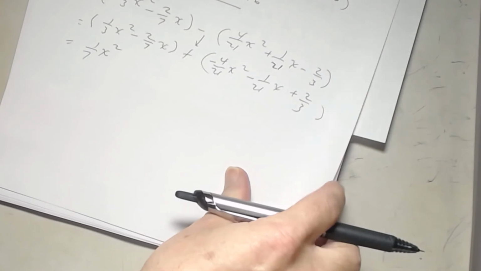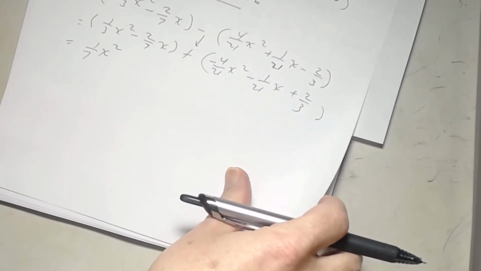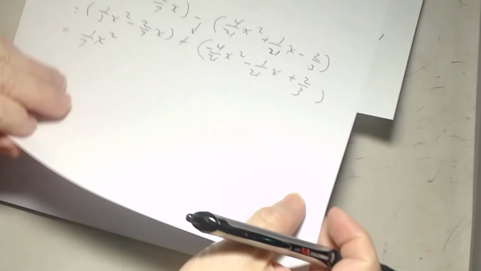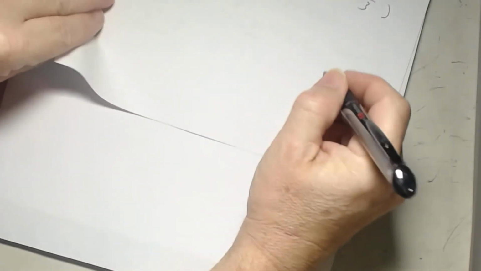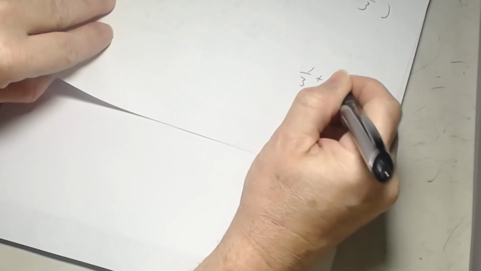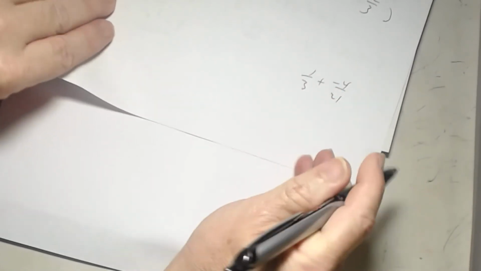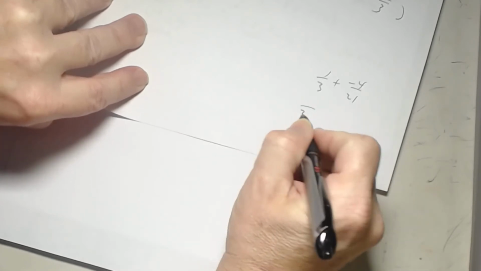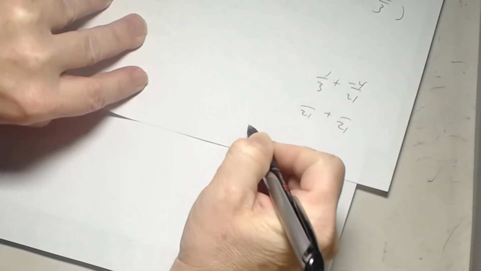So what did you say? You said 28 over 21? Yeah, so she didn't have a calculator, so she's trying to do it by hand. If you do it by hand, you've got to remember our rules. So you're saying 1/3 plus a negative 4/21. What's the LCD? 21. So you're writing two fractions with that denominator.